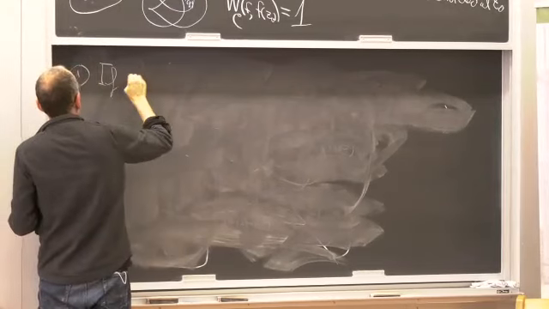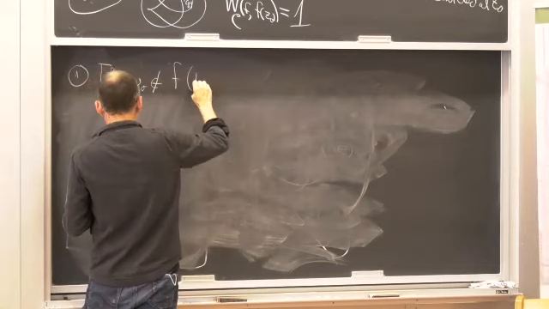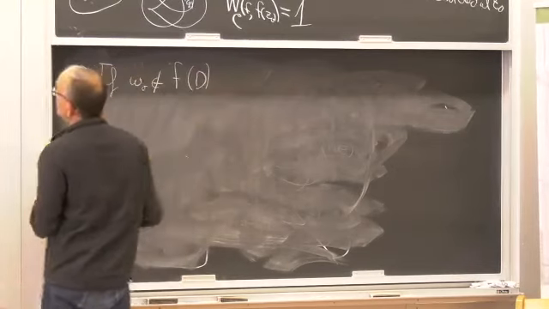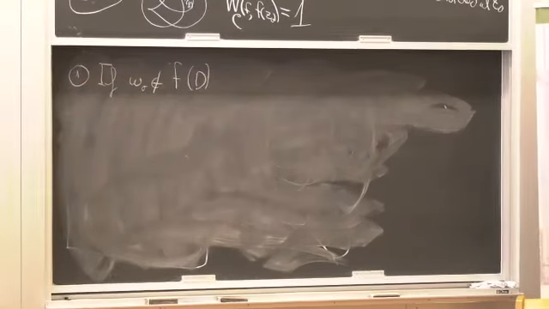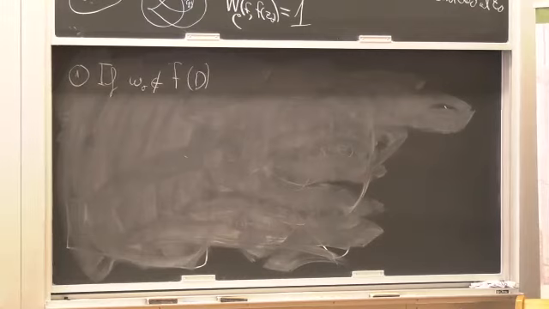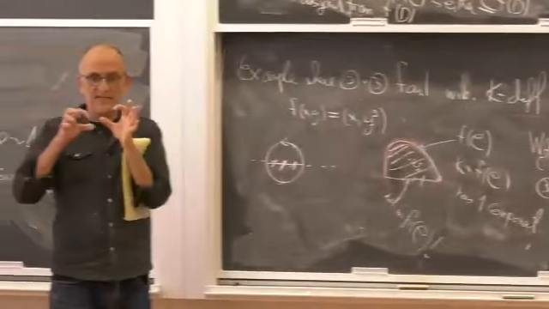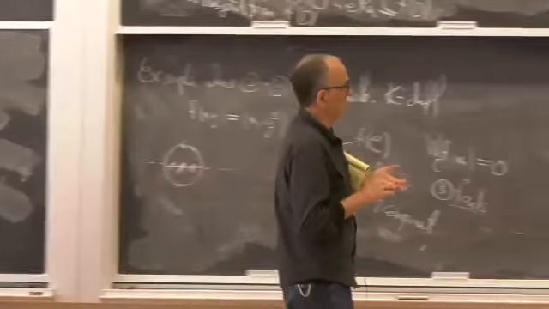If W0 is not in F of D, let's see that the winding number is 0 around W0. The reason for that is that we can shrink now continuously.